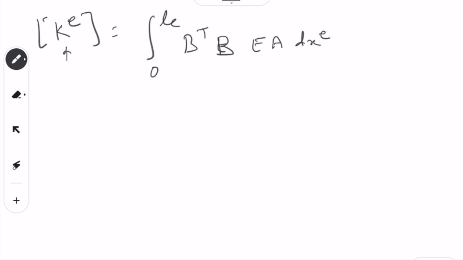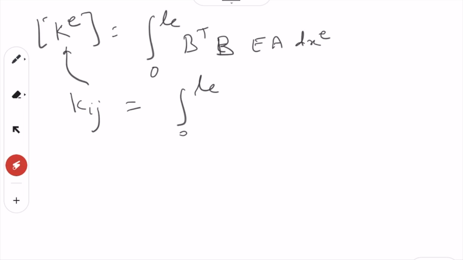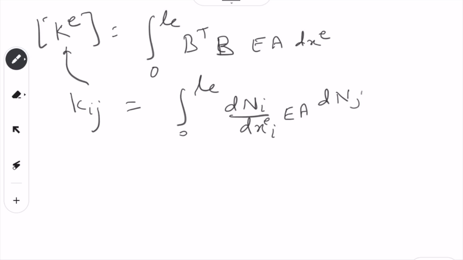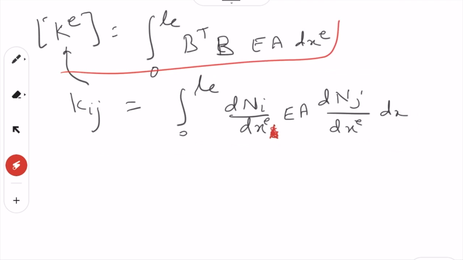That means this ke has kij as the members, which is given by the integral from 0 to le of dni over dxe times EA times dnj over dxe, dxe. Since b is nothing but the derivatives of the shape function N. So this we also got last time, but we have used a different perspective.